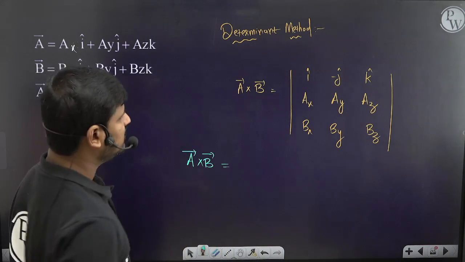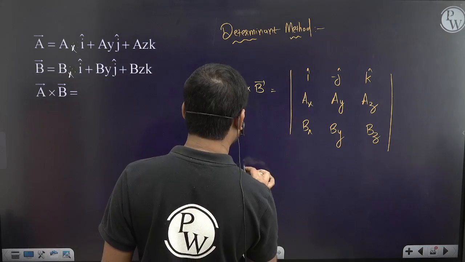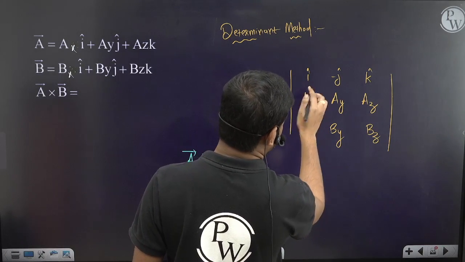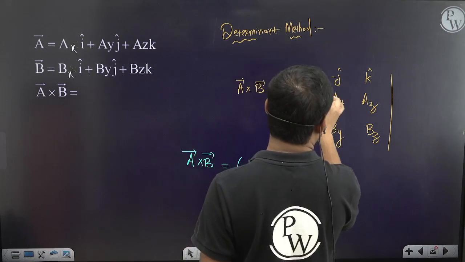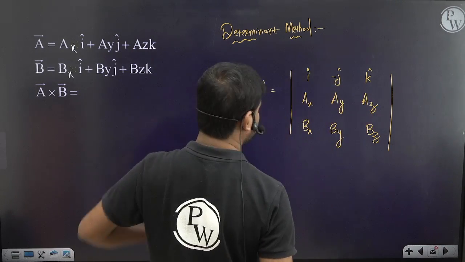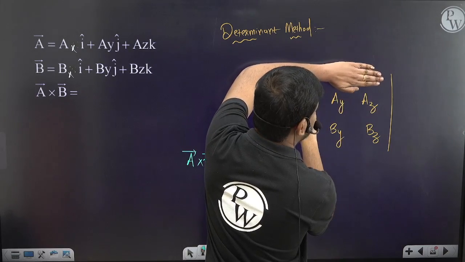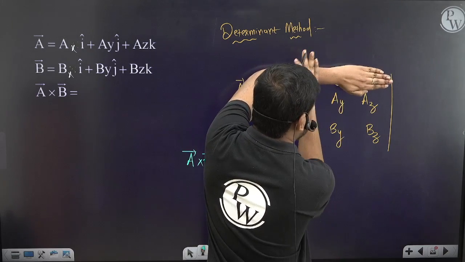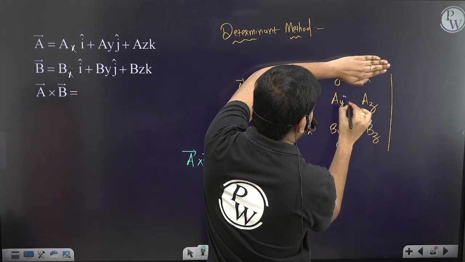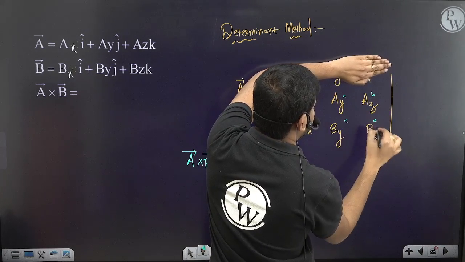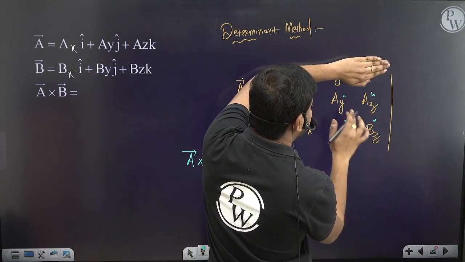Simply first write the i cap. While considering the i cap, just for your imagination, close that row and close that column. Then the remaining 4, you consider A, B, C, D, and write AD minus BC.